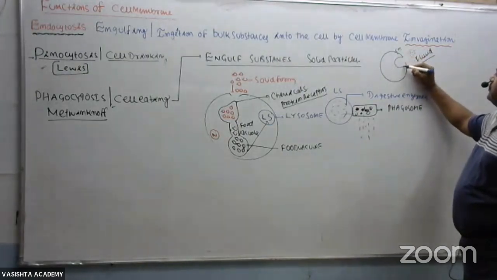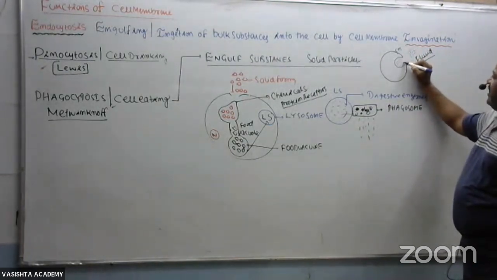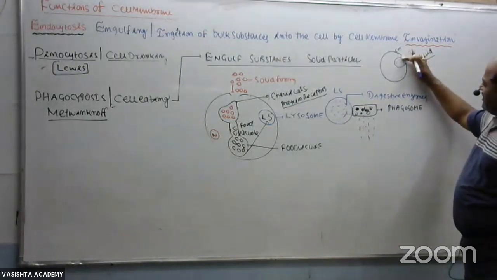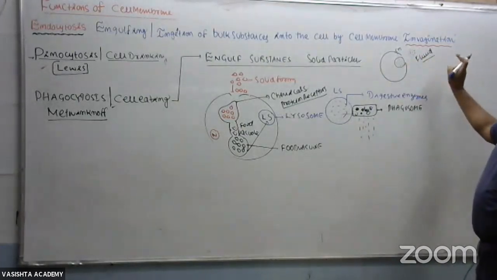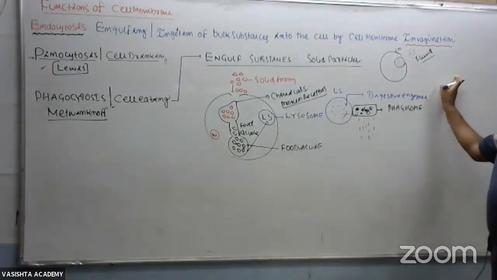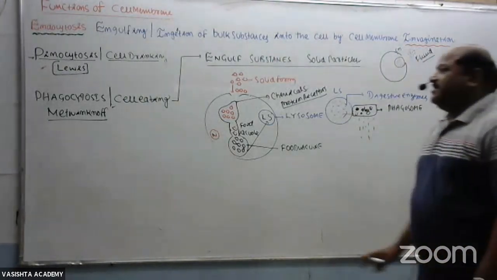The cell membrane shows foldings to the inside. Once the entire fluid substance has reached, the cell membrane is pinched off. Now this process is called pinocytosis, or the cell drinking process.